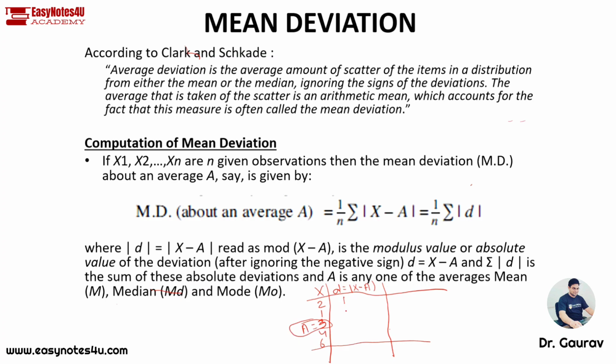Then 1 minus 3 is minus 2, ignoring the sign, 2. 3 minus 3 is 0. 4 minus 3 is 1. 6 minus 3 is 3. So what will be the total summation of d?